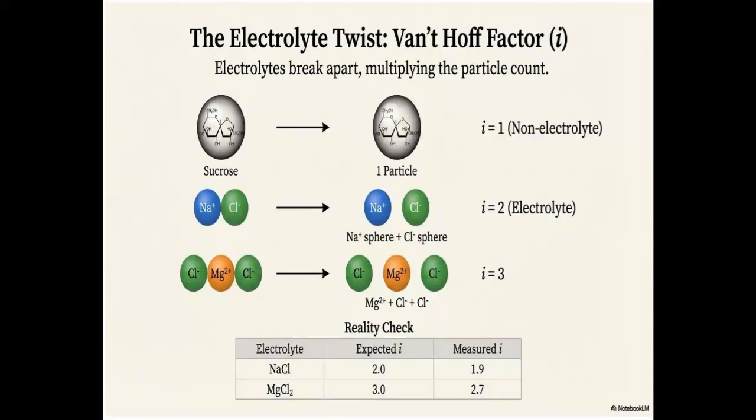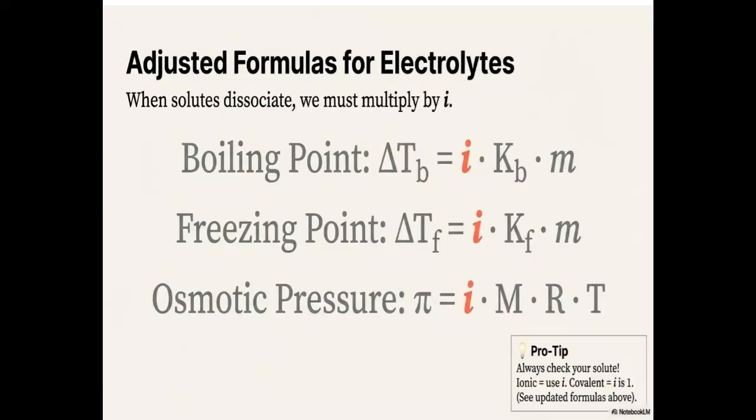To determine the i factor, and we are going to plug it into the equations I just gave you by just multiplying by that factor. So the more ions you have, the more the freezing point is going to change, the more the boiling point is going to change, and the osmotic pressure will change as well. We haven't done anything with osmotic pressure yet, it's coming.